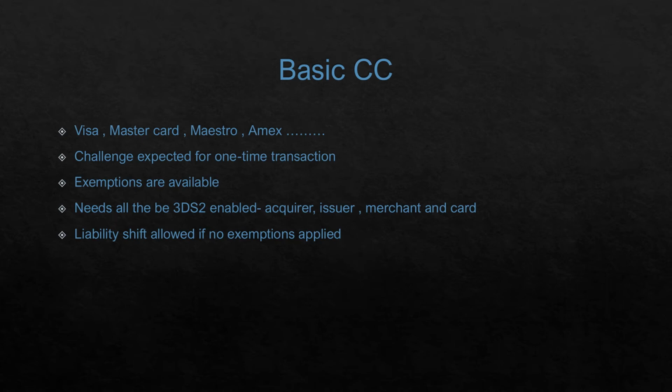How the card gets 3DS2 enabled, each one has to take their own responsibility. So the card holder has to take the responsibility of getting the card 3DS2 enabled by calling its concerned card issuer, the bank. Most of the issuers are doing the 3DS card enabling for all the bins available with them by themselves since it's a mandate.